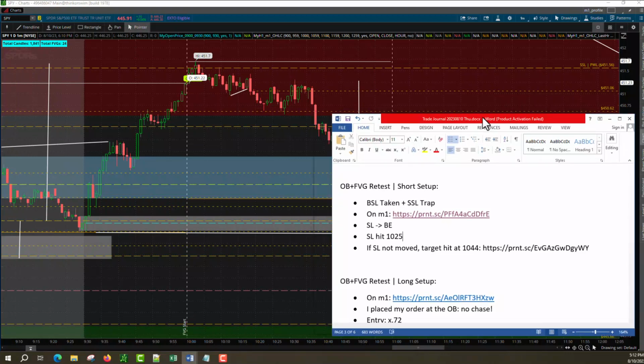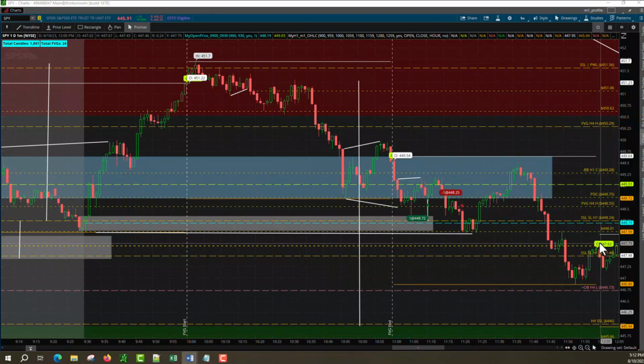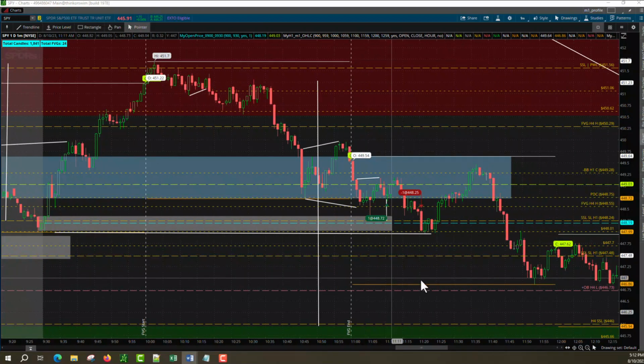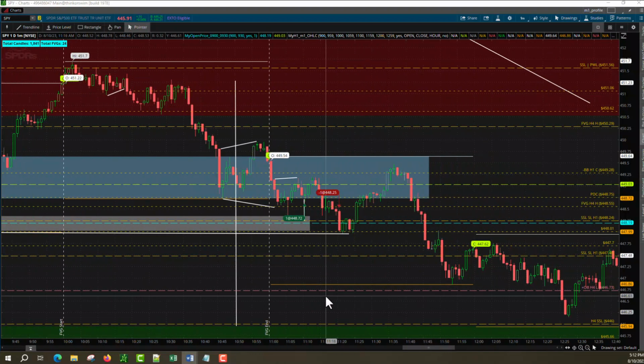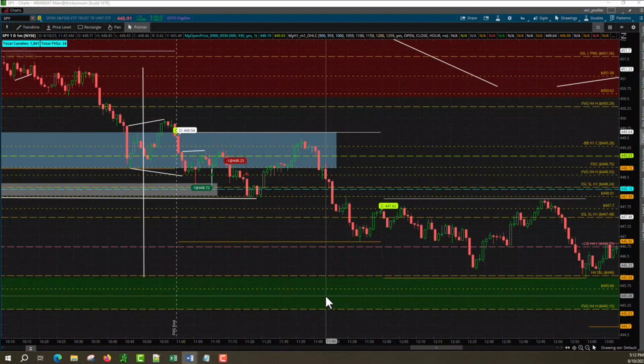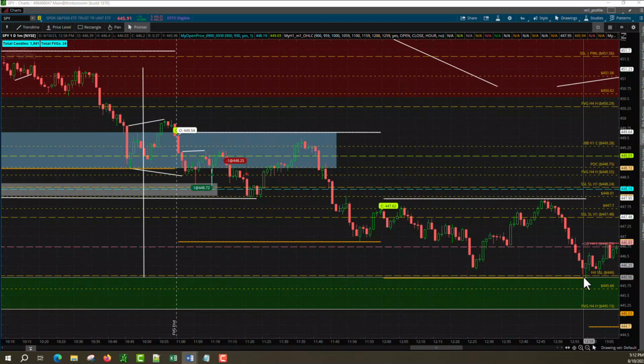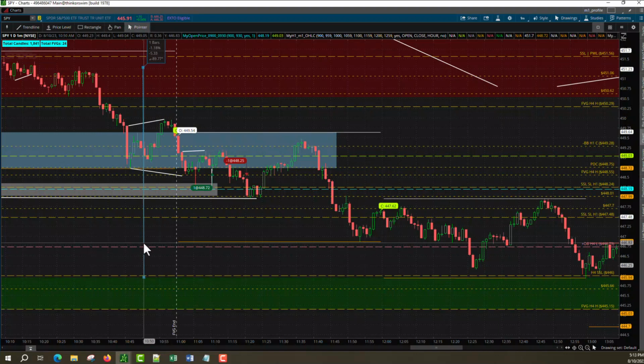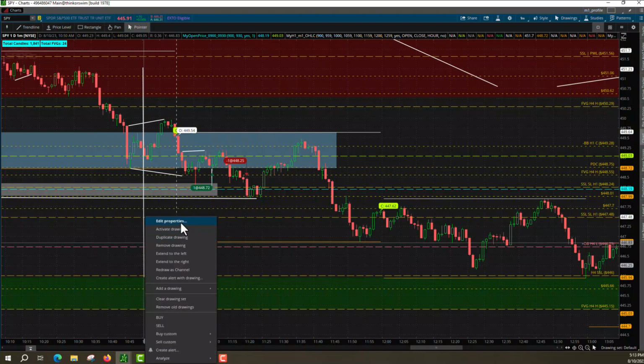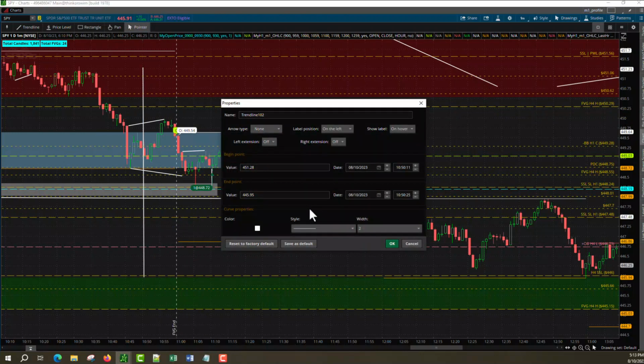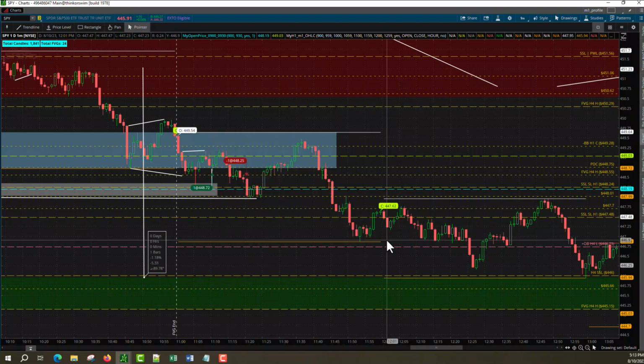Yeah, we need to note this so we can learn. So the huge move right here. Yeah, let's make this to be on the right there.